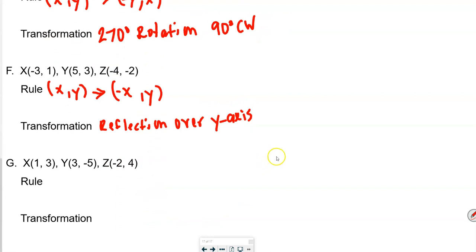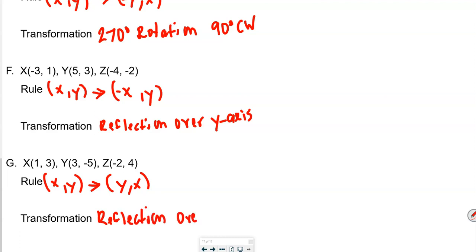All right, last one, 1, 3. So it was 3, 1, and it became 1, 3. So this is x, y becomes what? y, x. So this is a reflection over the line, what? y equals x, right? Reflection over y equals x. That's it, guys.